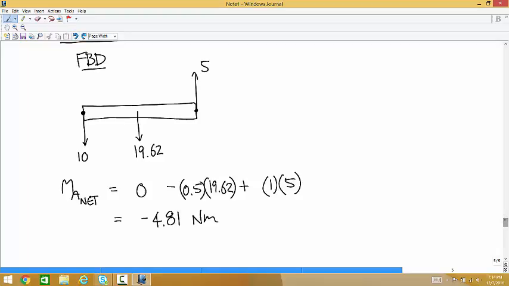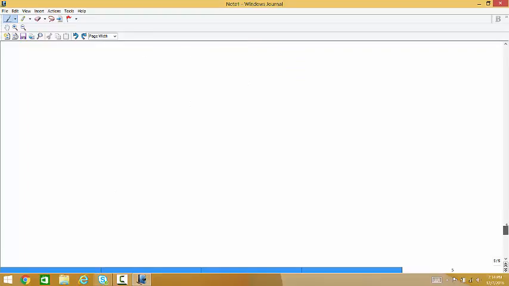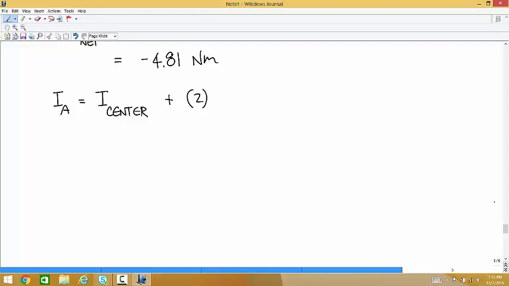All right, and then we have to calculate the moment of inertia. That's different now because it's not rotating around the center. So the moment of inertia is equal to the moment of inertia about the center. That's the one we did before. Plus the mass times the distance from the center to our new axis.